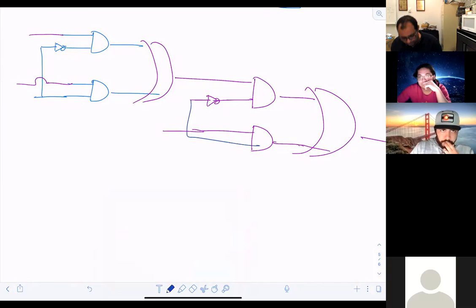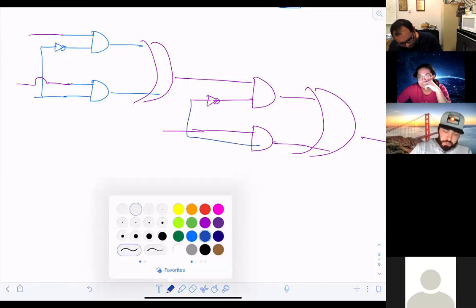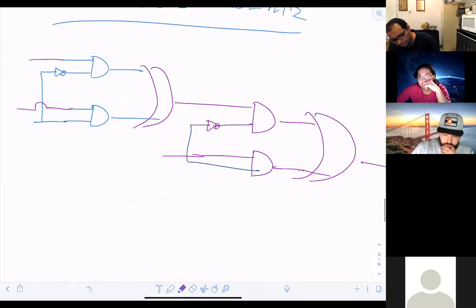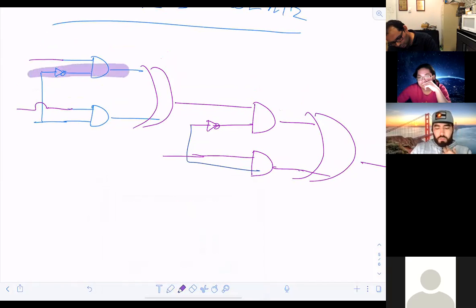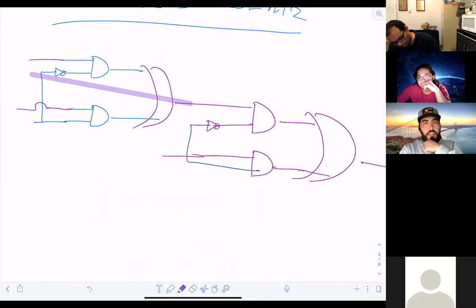So if I look at the timing, I will find the longest path is what? Through the AND gate and then the OR gate.